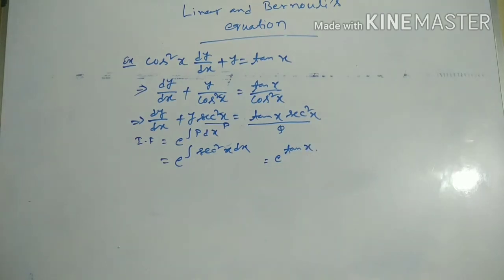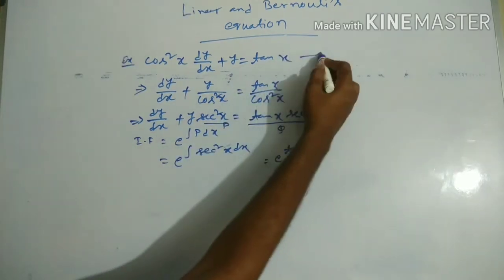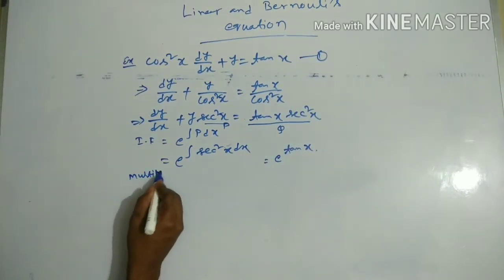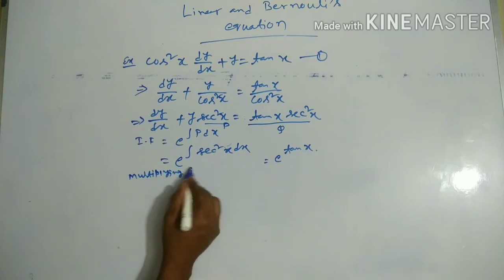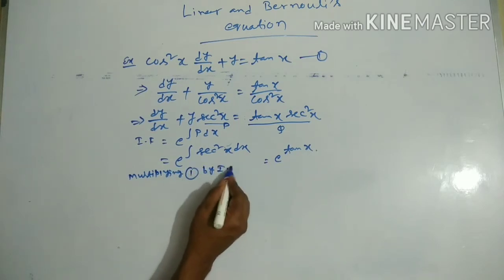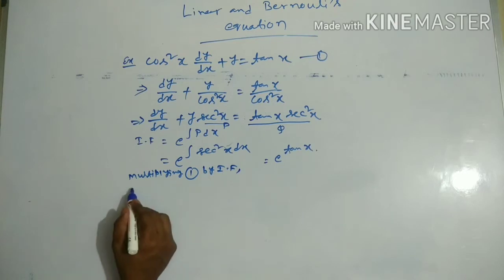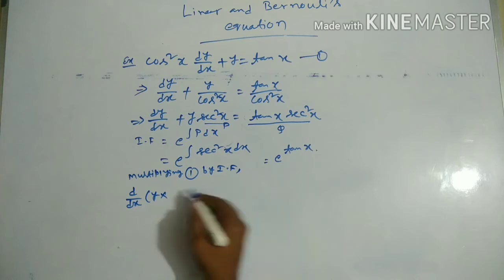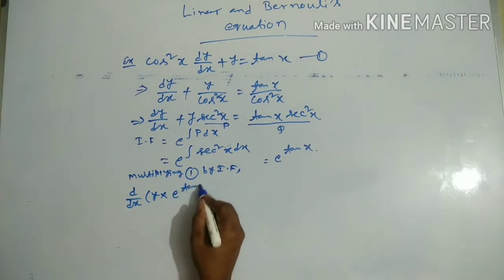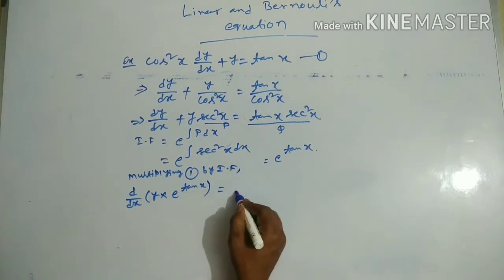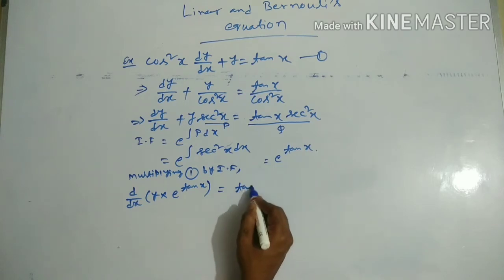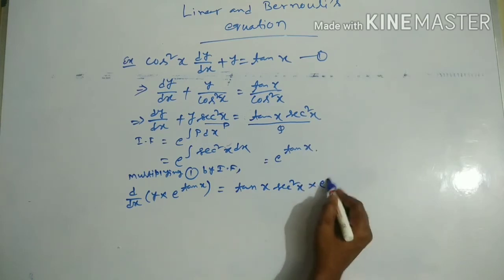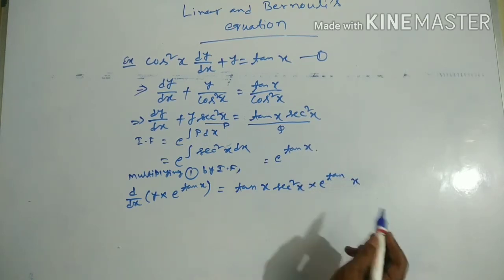Okay, now we will multiply the given equation by the integrating factor. So multiplying 1 by the integrating factor, we get d/dx of (y into IF), where IF here is e to the power tan x, equal to tan x sec square x into e to the power tan x.